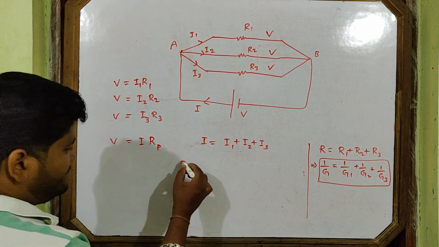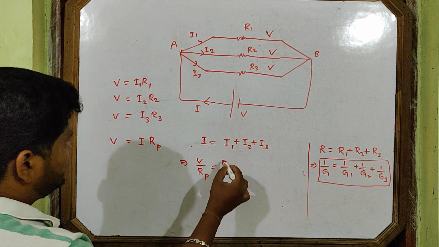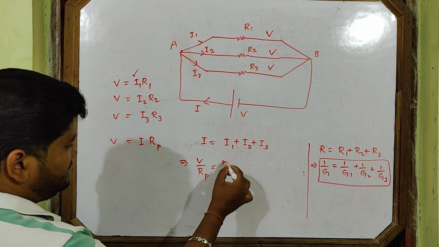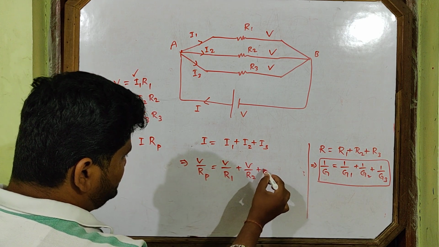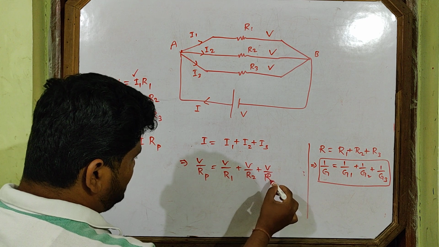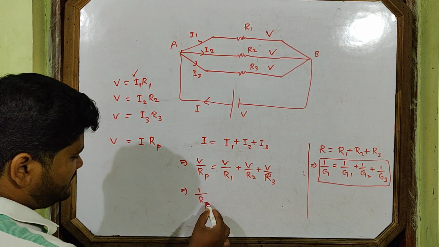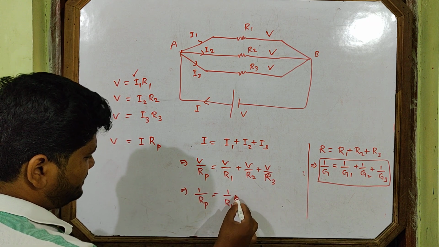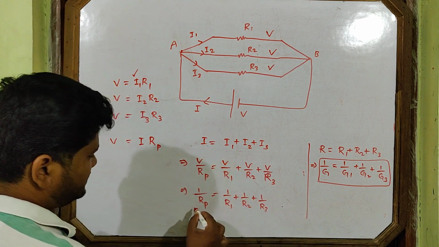Now in place of I, put V by Rp, and I1 is V by R1 plus V by R2 plus V by R3. If V cancels from both sides, 1 by Rp equals 1 by R1 plus 1 by R2 plus 1 by R3.